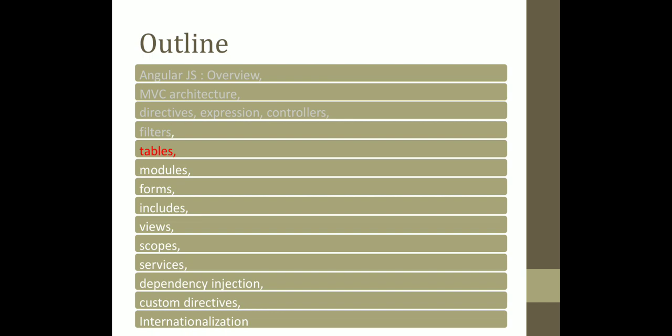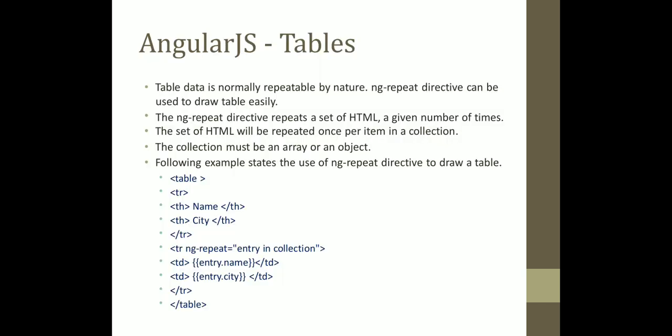And basically the tables are used for orderly arrangement of any quantitative data in columns and rows. Okay, so table data is normally repeatable by nature. Ng-repeat directive can be used to draw table easily.